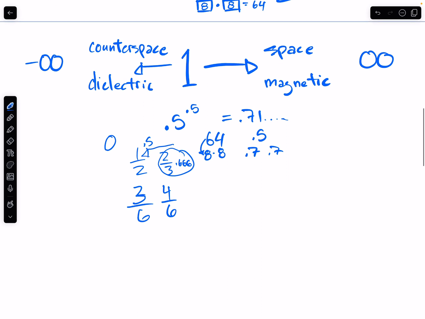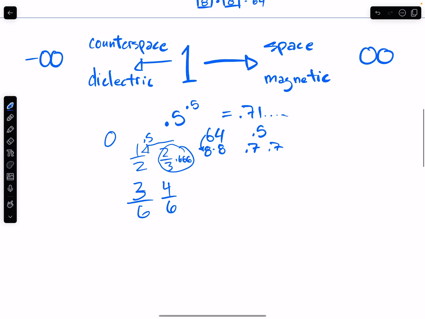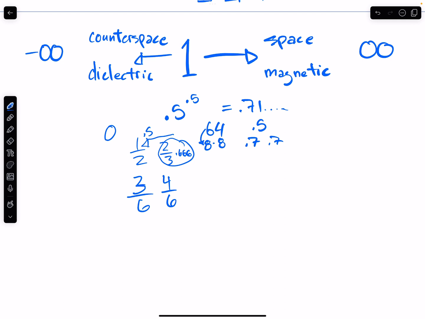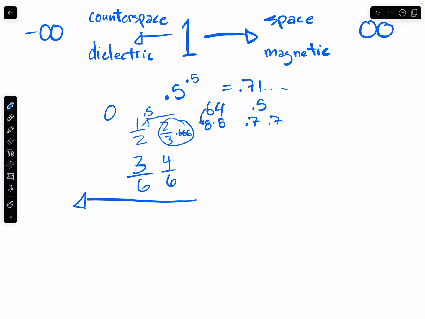That's essentially all that it's saying when we really simplify it down, is that when we multiply with fractions, it's driving it greater that way, because the closer it is to 1, the bigger it is as a strong dielectric force. What do I mean by that?